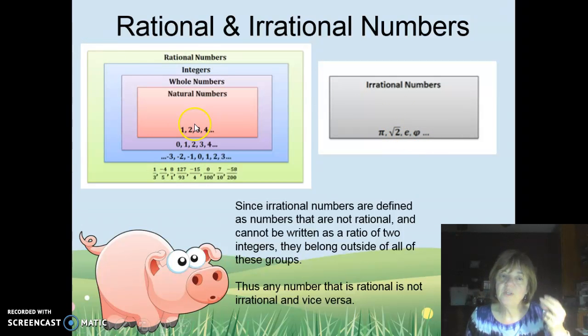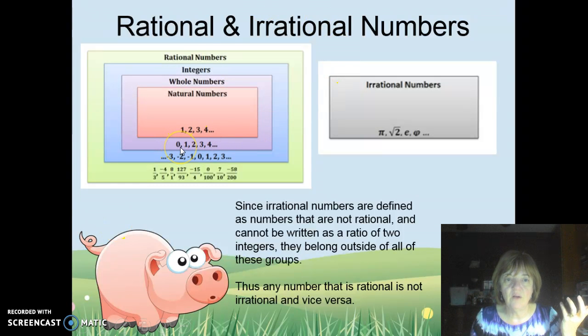Natural numbers, those are the ones you count with, your fingers, your toes. And then whole numbers include zero, okay? Whole numbers include the zero, and then we include integers, okay? Integers are down here. They include all the negative numbers. And then last, all rational numbers are fractions, and this should show decimals that terminate.